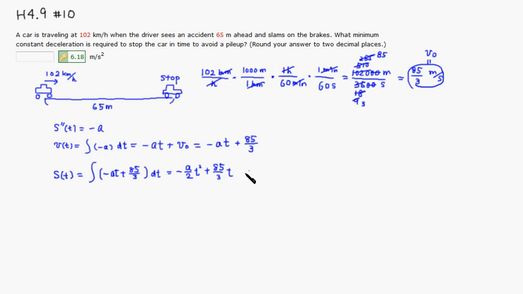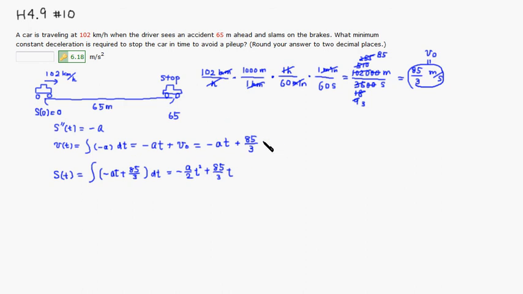Then plus some constant, but that's the initial position. But you can think of the initial position s of 0 as 0. Right? Then when it stopped, that's going to be 65. So we want to know when it comes to a stop. A stop means the velocity becomes 0.